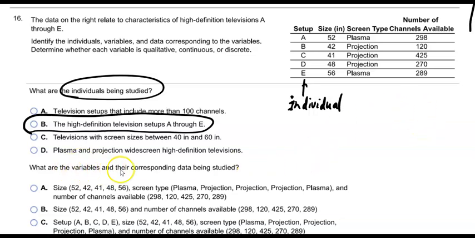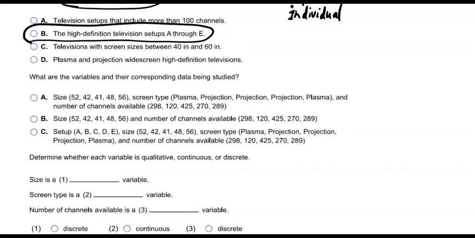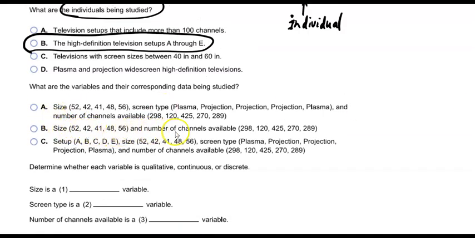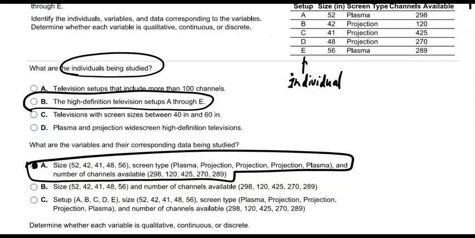And what are the variables and their corresponding data being studied? The variables are size, screen type, and the number of channels available. So the answer must be, let's find it here, size, number of channels, and screen type. So the answer is A. Again, you have a list of the sizes in parentheses.